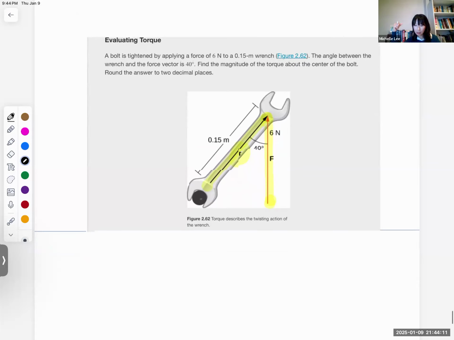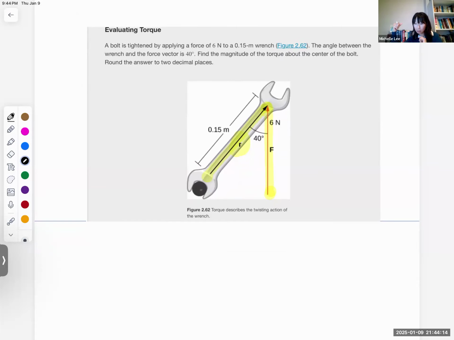So a bolt is tightened by applying a force of 6, and this is the Newton, the unit, to a 0.15 meter wrench. This is a wrench, right? And the angle between the wrench and the force vector is 40 degrees. Find the magnitude of torque about the center of the bolt.